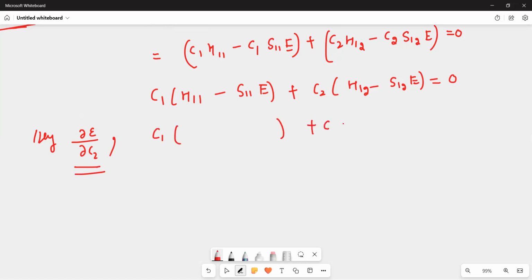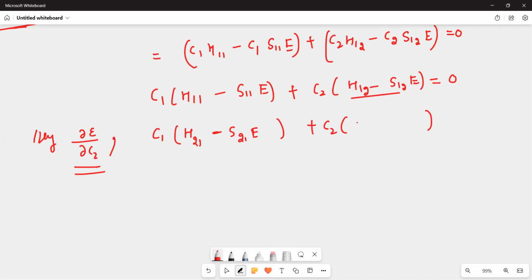There will be a bit of difference. This term, which is written on the second side, will come over here, but the numbers will exchange. Here we have H12, but here we will get H21, similarly S21E.